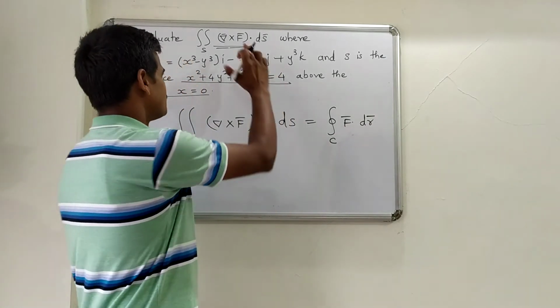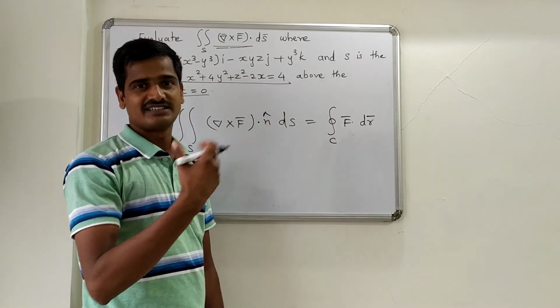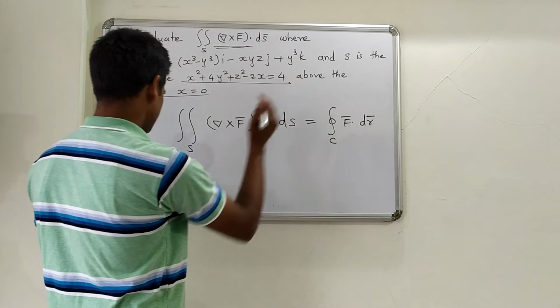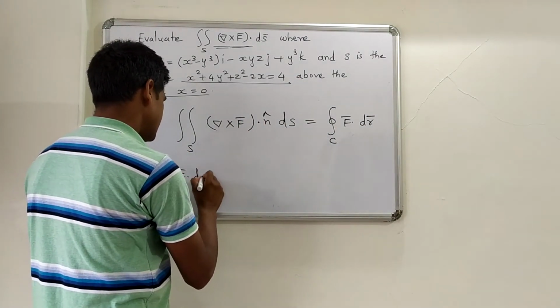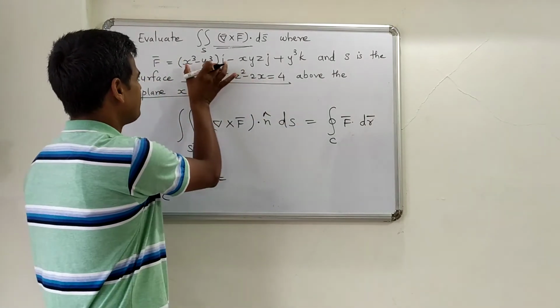So del cross f bar dot ds bar, where n cap into ds can be written as ds bar. So this is equal to this. Let us focus on this line integral, the integral over closed curve C of f bar dot dr bar. What is f bar? F bar is here.